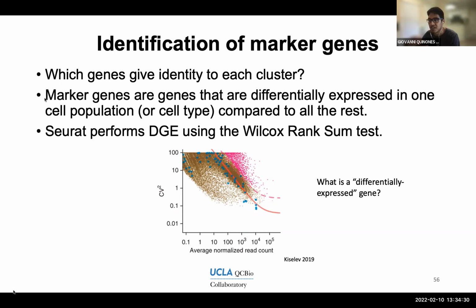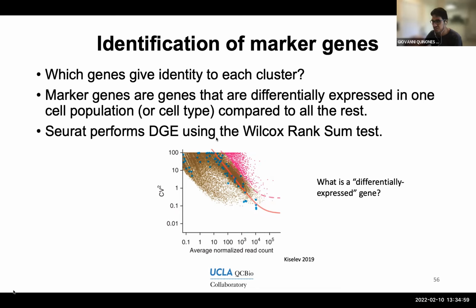So this second bullet point just very quickly reiterates what I mentioned: a marker gene is a gene that is differentially expressed in one cell population compared to the rest. And the identification of cluster genes is done using an analysis called differential gene expression.